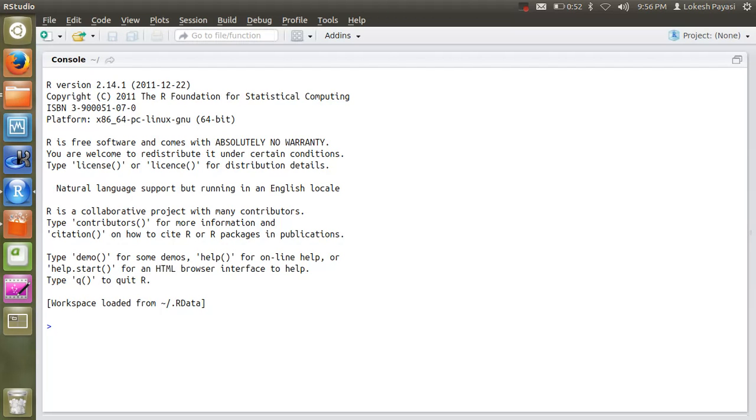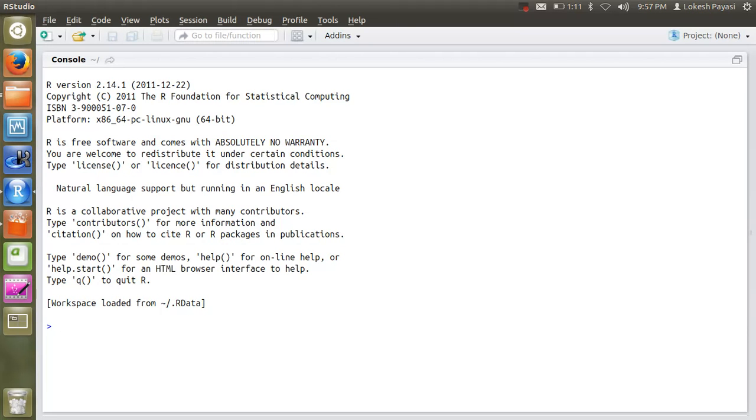For the t-test, the command is very easy: t.test. But we have to follow some syntax. Not going too deep into this, I'm just going to write some values.